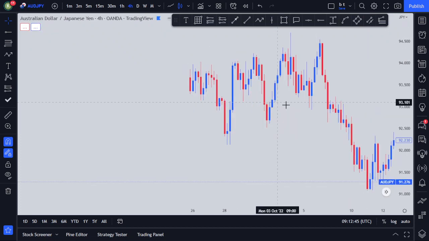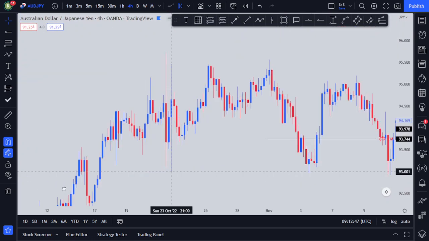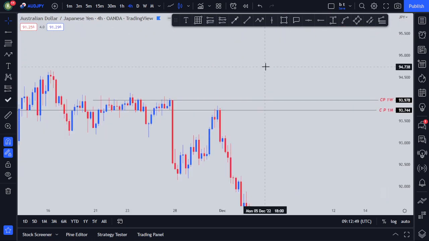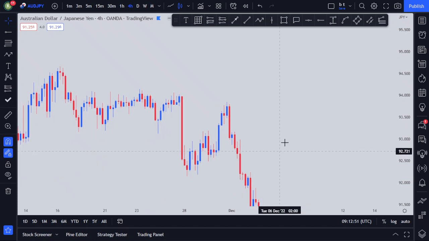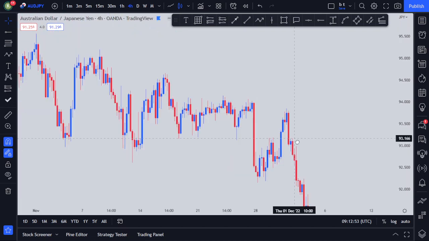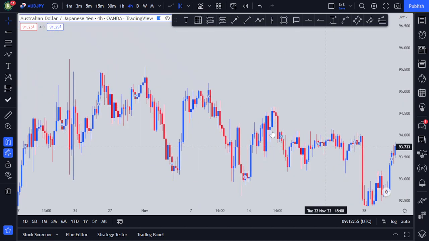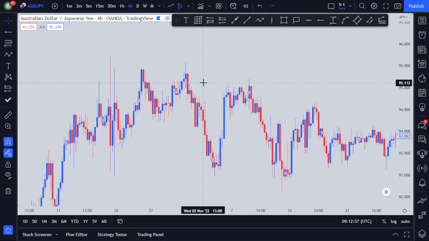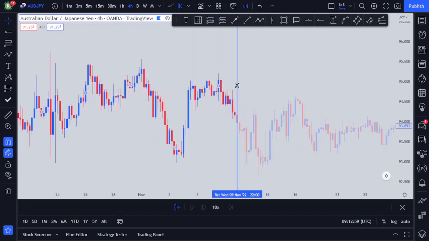Okay, let's use AUD JPY. Yes, I see something over here.